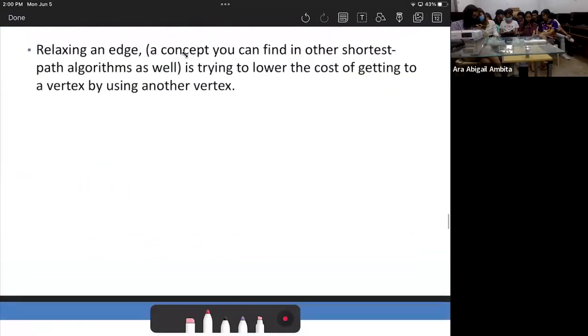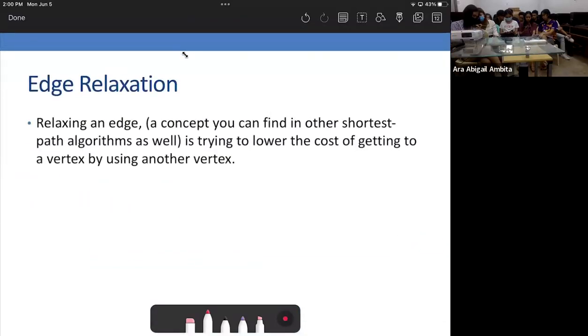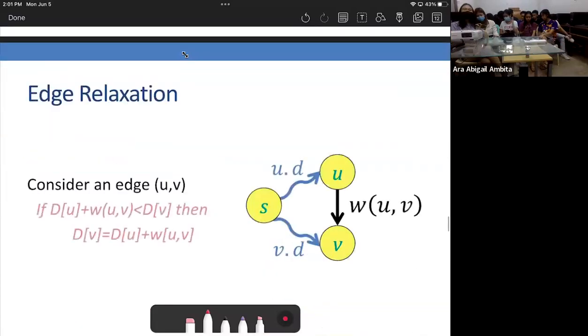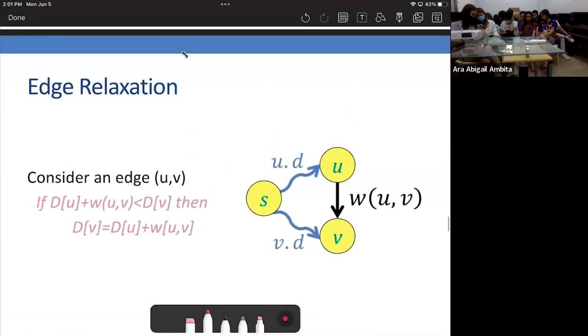The implementation of Dijkstra. So, we have what we call an edge relaxation, wherein you try to lower the cost of getting to a vertex by using another vertex. So, for example, you have here a source vertex.